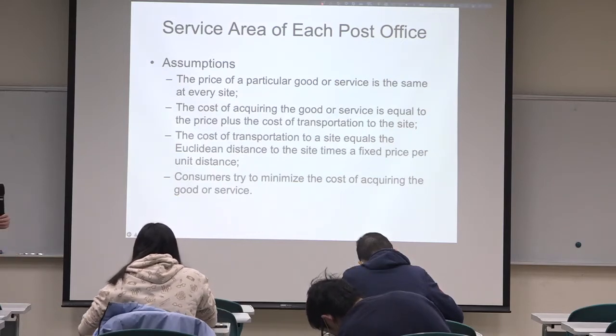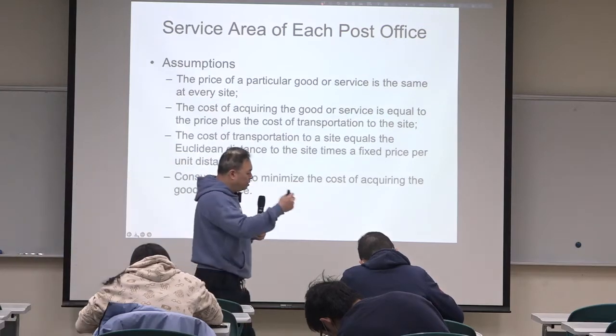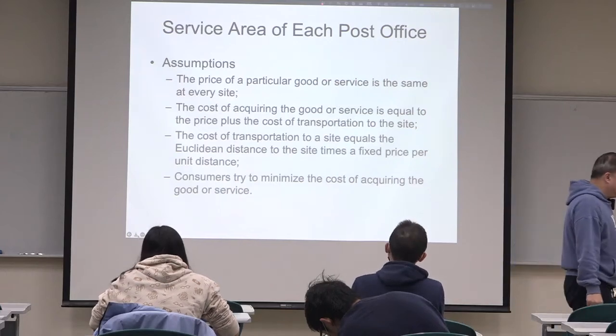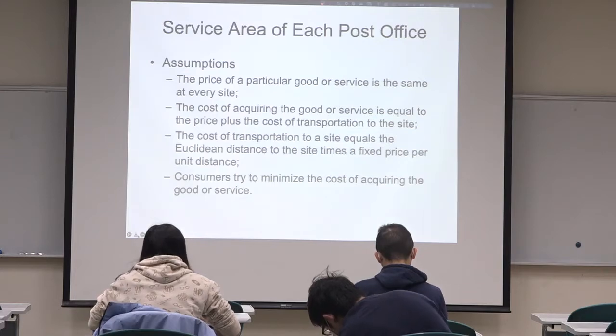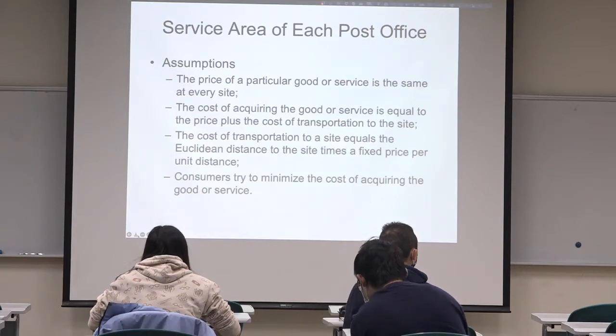So we assume the customers will use the nearest site to get the service, and he or she will go straight to that site. We do not assume there are obstacles to block your direction.